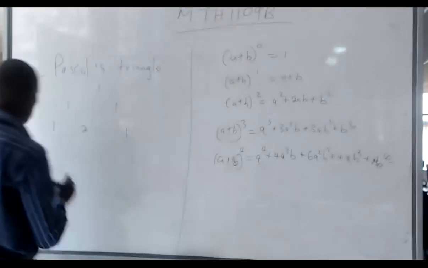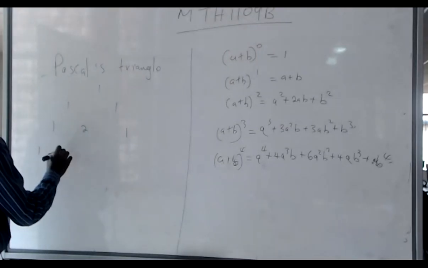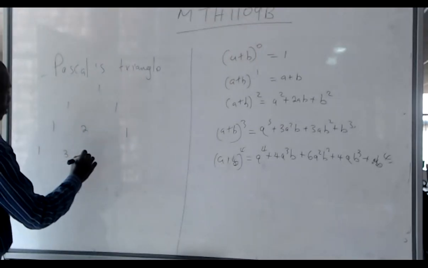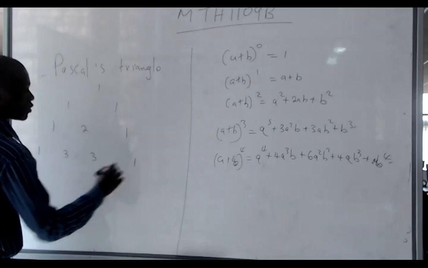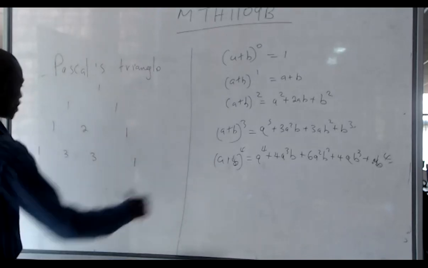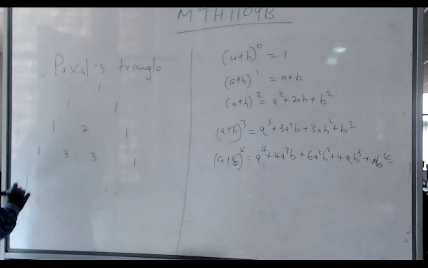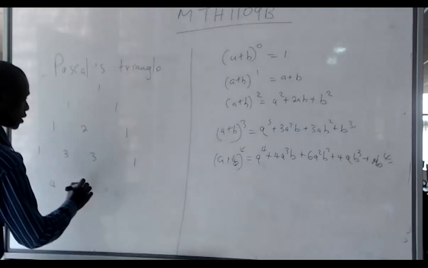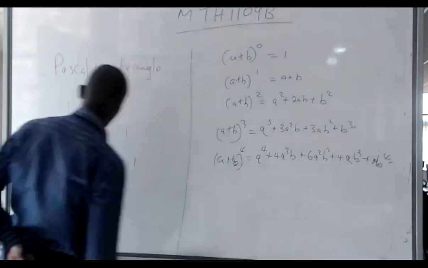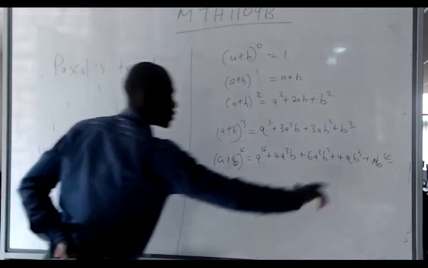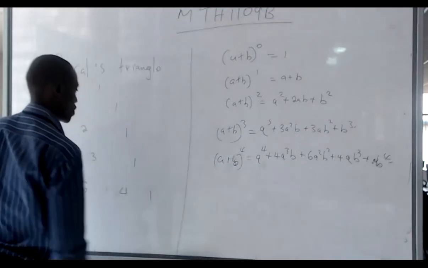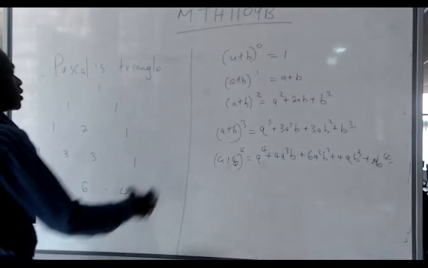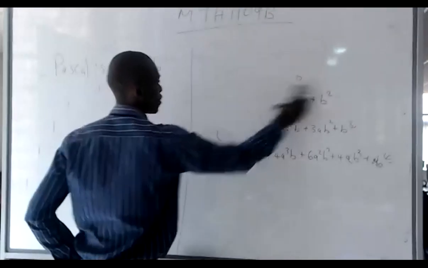In the fourth expansion, there is 1, a coefficient of a squared b, a coefficient of ab squared, and a coefficient of b cubed. And then lastly, in 4, there is a coefficient of a cubed b, then a coefficient of a squared b squared, then a coefficient of ab cubed, and the last coefficient of b to the 4. This is the famous Pascal's triangle.